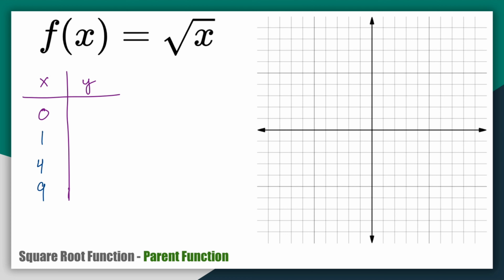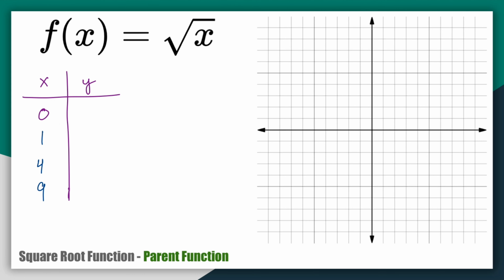And you're probably seeing why I'm using these numbers. When we take the square root of 2 and 3, we get a very intense decimal, so I'm using ones where we can easily understand the square root. From this point on, these are the 4 that you should use as your parent function inputs.